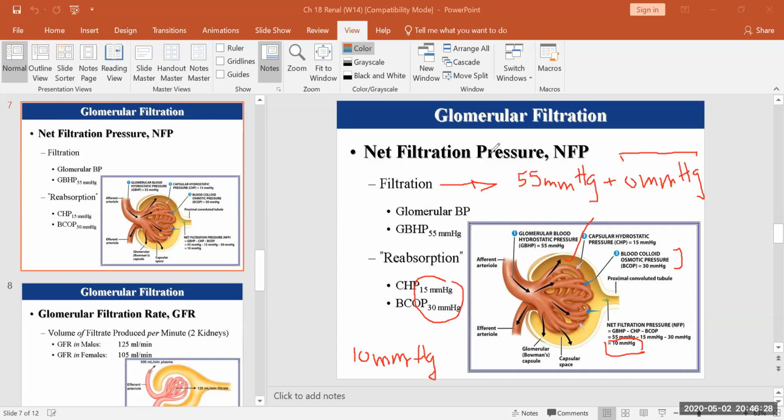So net filtration pressure is the blood pressure that promotes glomerular filtration, and it's around 10 millimeters of mercury. So this is how blood plasma is being filtered passively across the glomerular membrane.